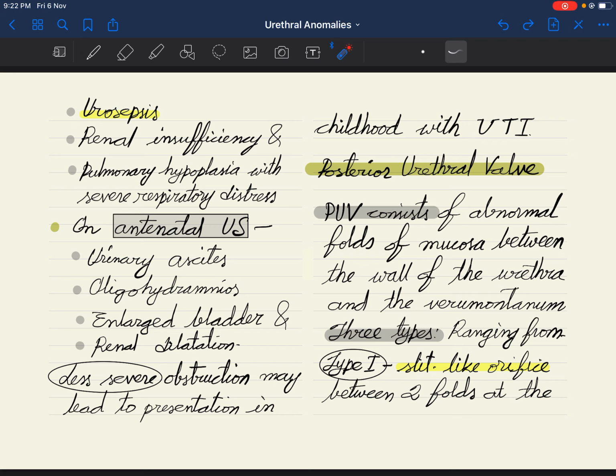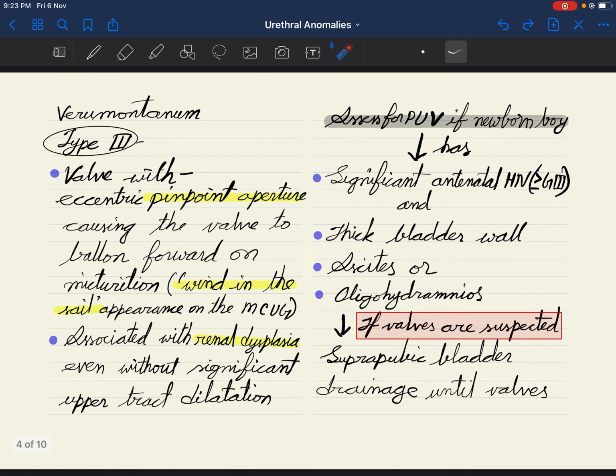Type 1 has a slit-like orifice between two folds at the verumontanum, and type 3 has a pinpoint-like orifice, a valve with an eccentric pinpoint aperture causing the valve to balloon forward on micturition.